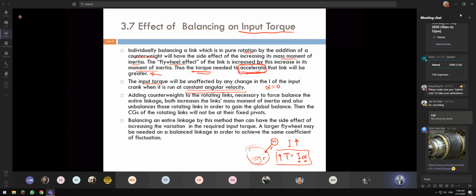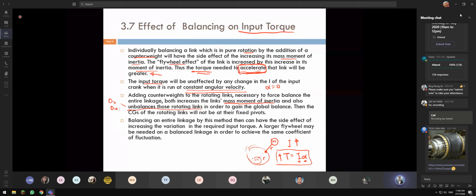If you put the balancing mass, we will increase the mass moment of inertia. We will also increase the unbalance on the pins, on O2 and O4. But then our global is balanced. The shaking force is balanced.